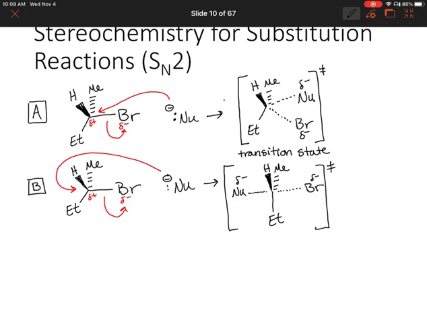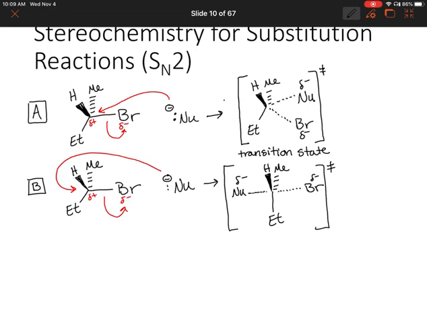So now, comparing those two transition states, which one do you think is more stable? The first transition state, where the nucleophile and bromine are on the same side of the molecule, or the transition state where the nucleophile and the bromine, or the leaving group, are on opposite sides? So, remember, according to VSEPR theory, electron groups want to be as far apart from each other as possible.